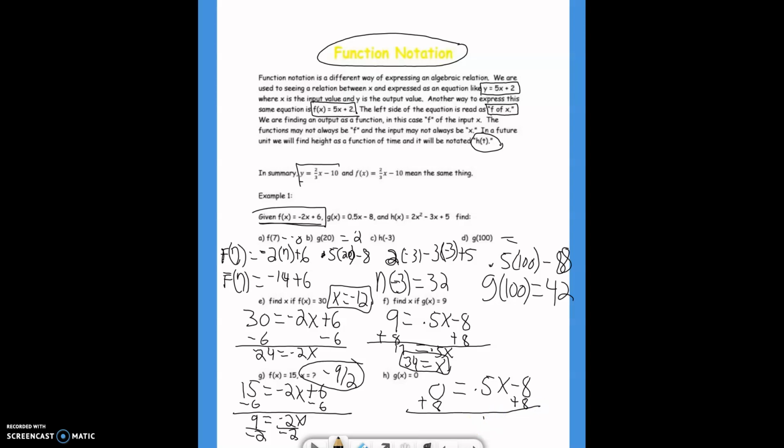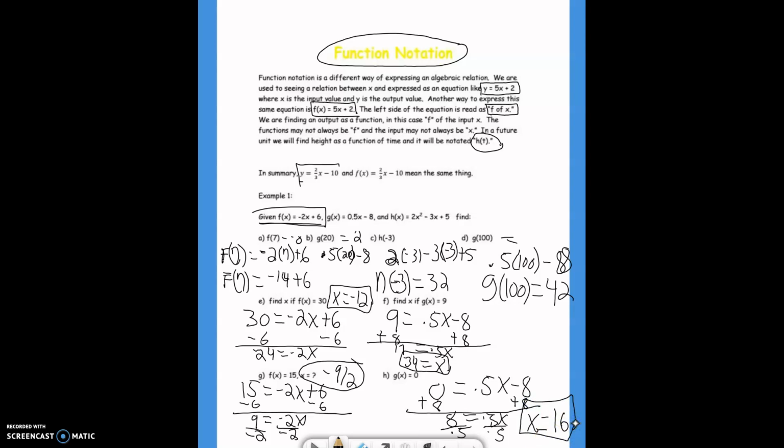That's a beautiful 5, isn't it? And I'm going to divide by 0.5. All right, so 8 divided by 0.5 is going to give me 16. Okay. So x equals 16.